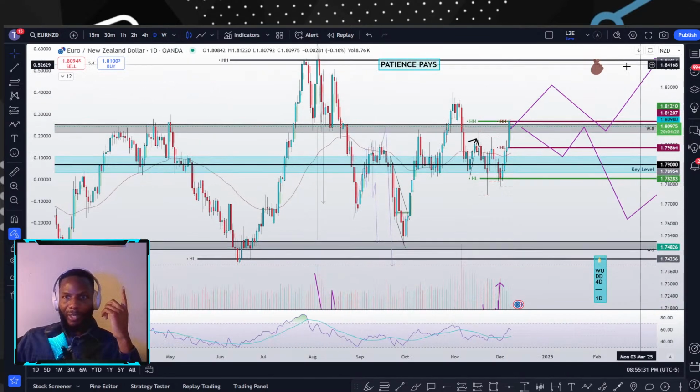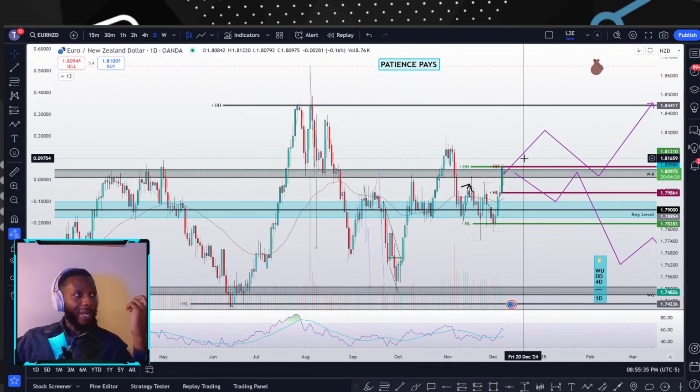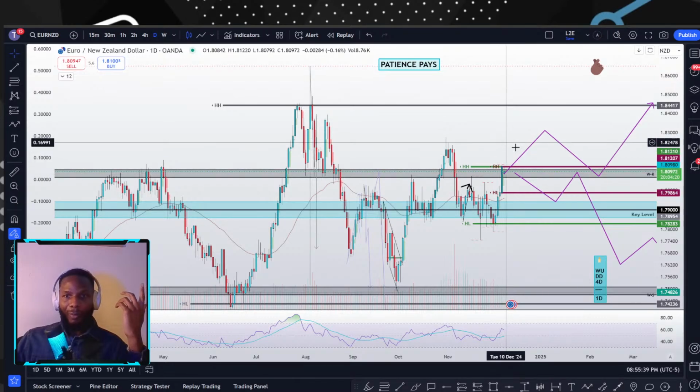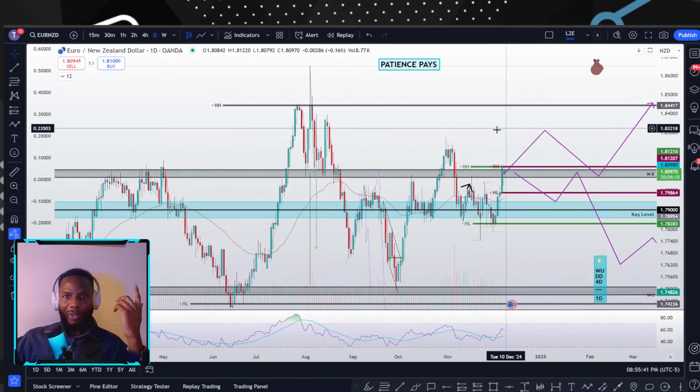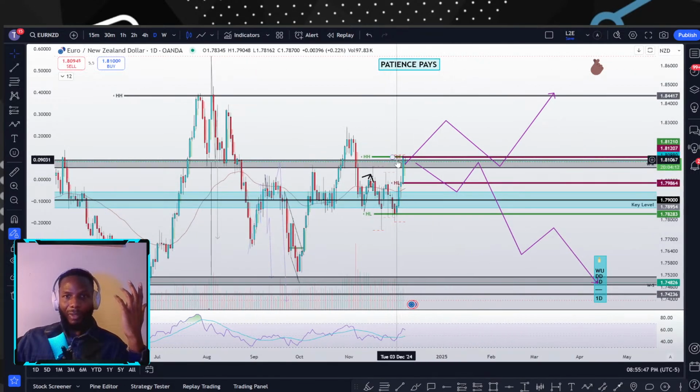I just have to be patient and wait to see if it's going to break above here. And we'll come back to this. We'll see at the end of the week if I go live again. If it breaks above here, then I'll take a trade up to this level here. If it breaks below, then I'll be looking to see if I could get in to go short.